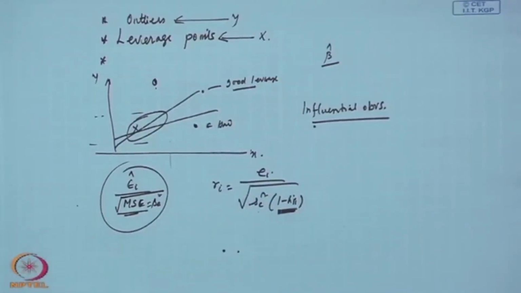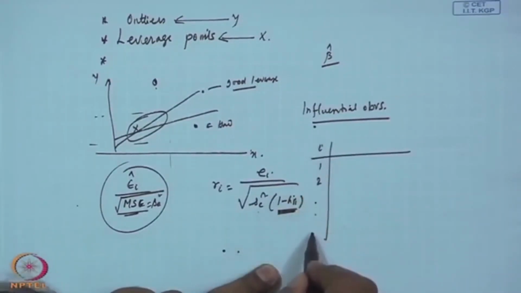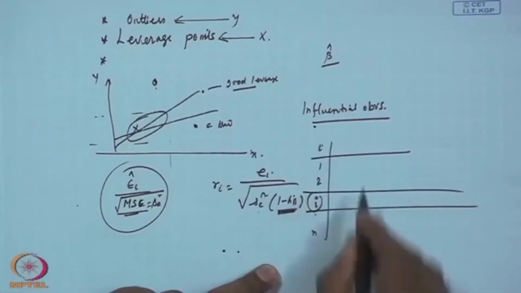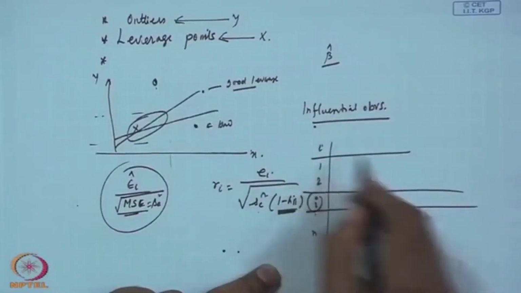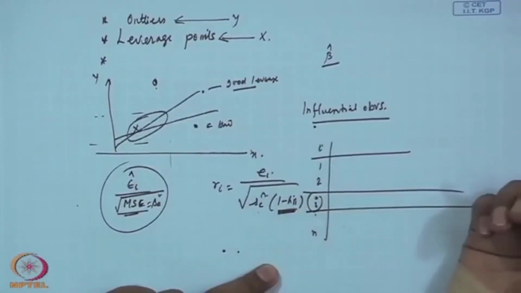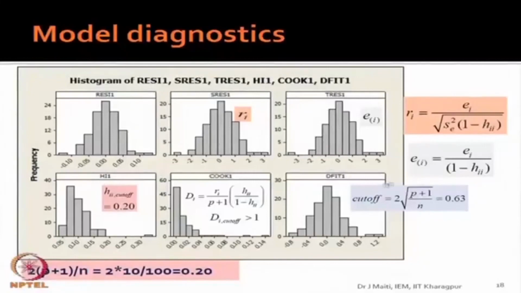Okay. And then there are deleted residuals, which means suppose you have i equal to 1 to n observations, so the ith observation you delete, then you run the regression model and find out the residual for the ith value. So deleted residuals can be found out by this.